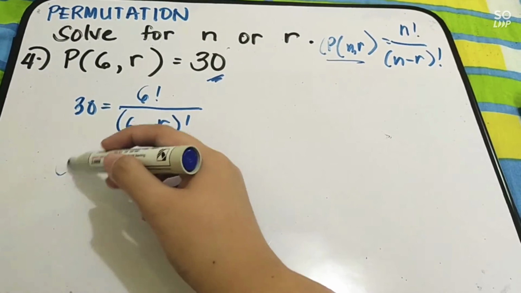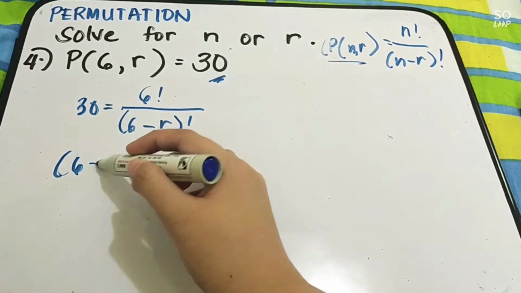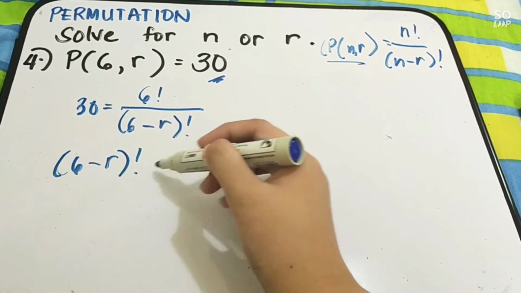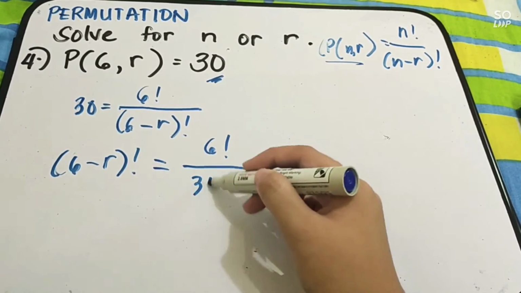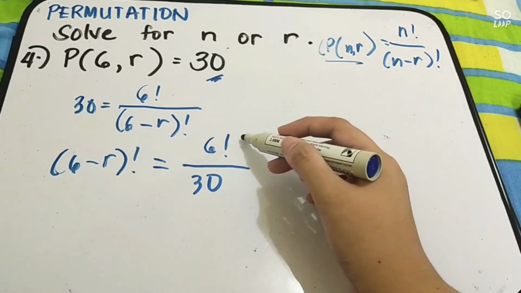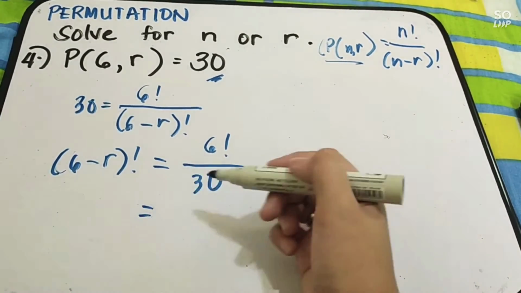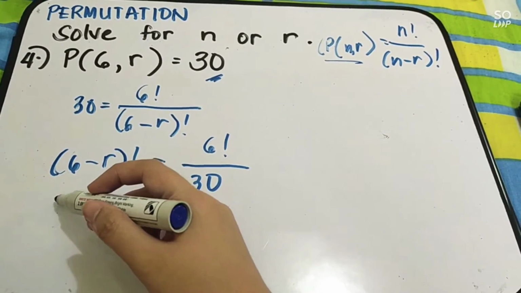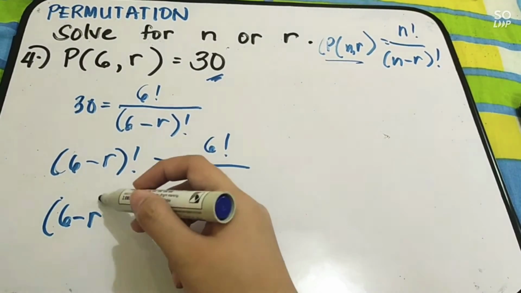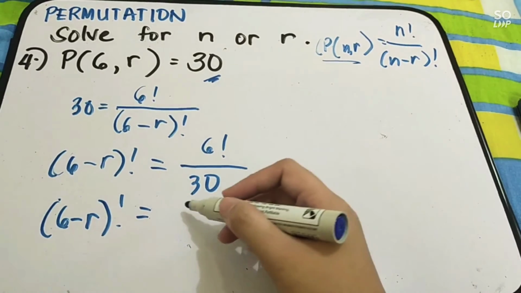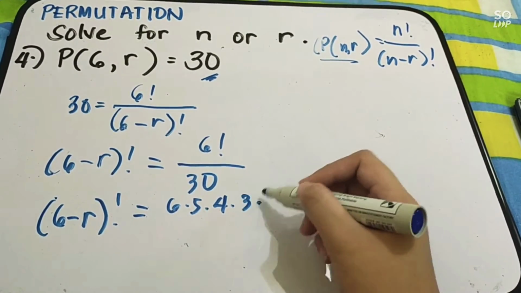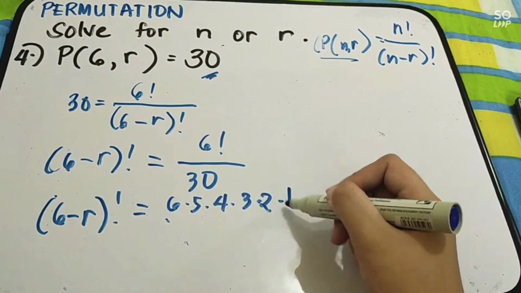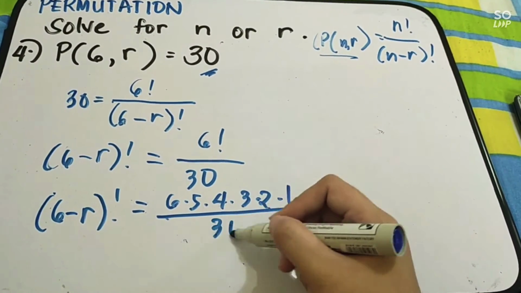So, we have here 6 minus R factorial. Magiging na siyang 6 factorial over 30. Afterwards, itong 6 factorial, expand mo yan. Simplify mo. So, we have 6 minus R factorial is equal to, meaning yan, 6 times 5 times 4 times 3 times 2 times 1 over 30.